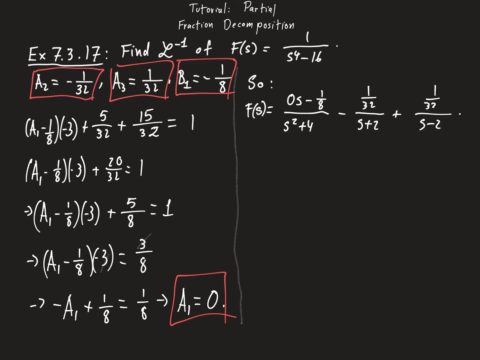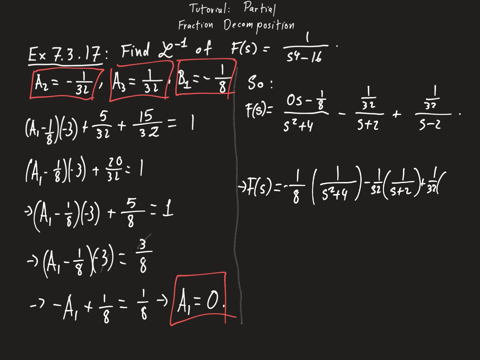All right, let's rewrite this to simplify this just a little. We've gotten that f of s is equal to 1 over 8, or negative 1 over 8 rather, times 1 over s squared plus 4, minus 1 over 32 times 1 over s plus 2, plus 1 over 32 times 1 over s minus 2.